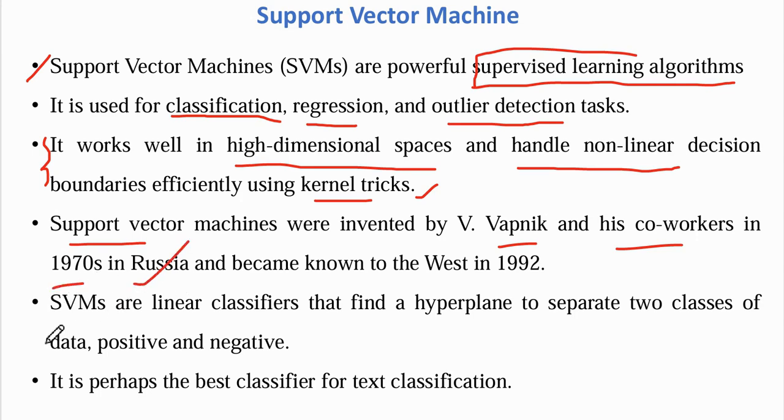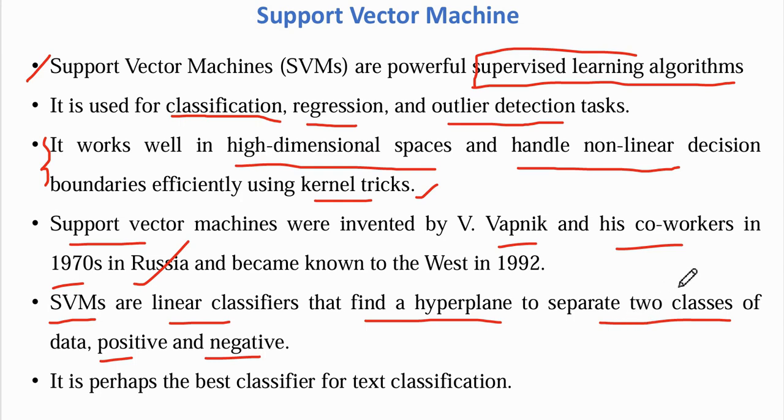SVM is mainly a linear classifier, just like linear regression. What we are trying to do is find a hyperplane to separate two classes of data, that is either positive or negative data.